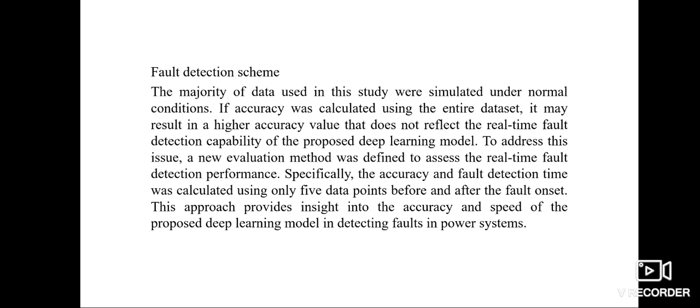To address this issue, a new evaluation method was defined to assess the real-time fault detection performance. Specifically, the accuracy and fault detection time were calculated using only 5 data points before and after fault onsets. This approach provides insight into the accuracy and speed of the proposed deep learning model in detecting faults in power systems.